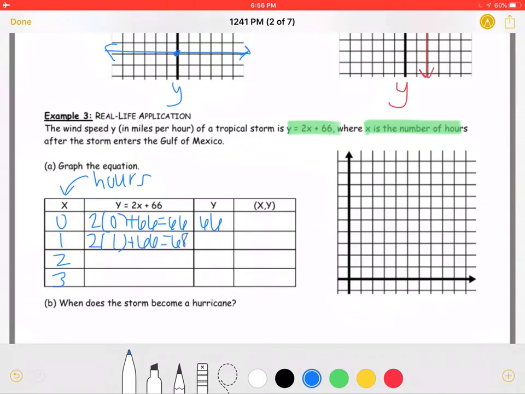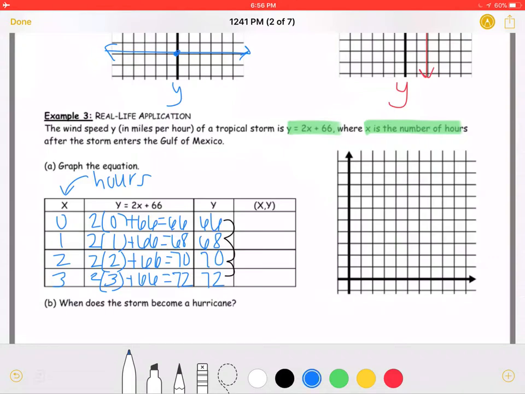That gives us 68. 2 times 2 is 4. 4 plus 66 gives us 70. And then plug 3 in. 2 times 3 is 6. 6 plus 66 is 72. You may have noticed as you did that we're increasing by 2 each time.